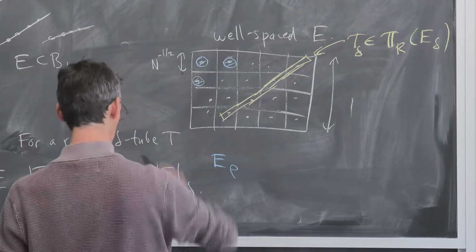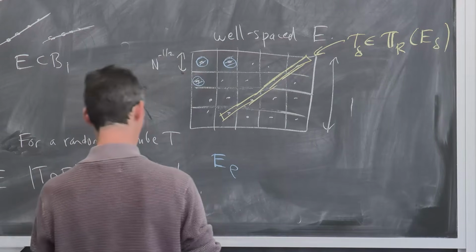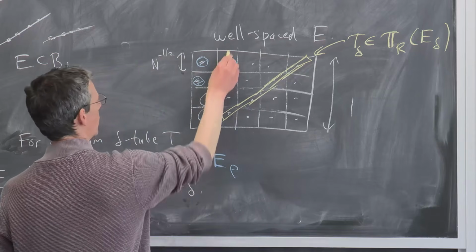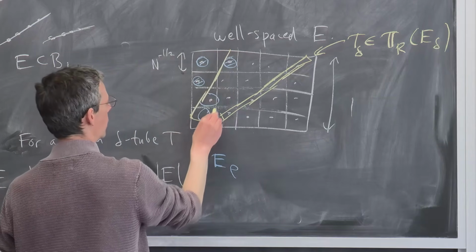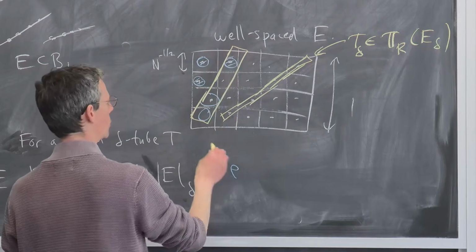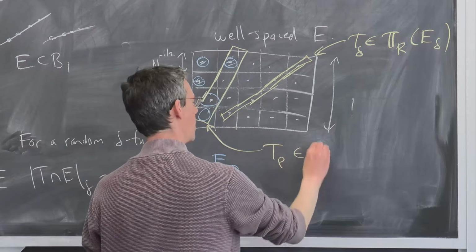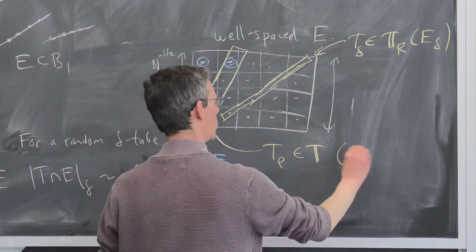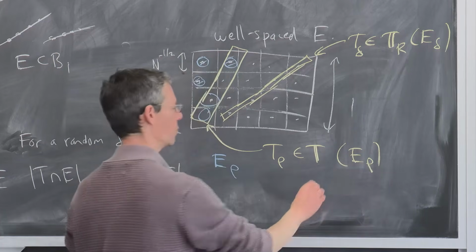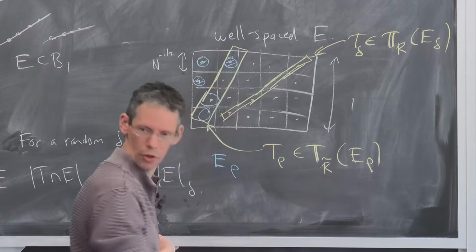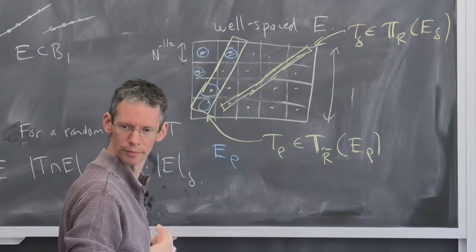But now that we have these thicker guys, we could study a rho tube that contains a lot of rho balls. So this might be T rho. That might be a tube that intersects E rho a lot. And, well, maybe for the same r, but also maybe for different r's we might be interested.